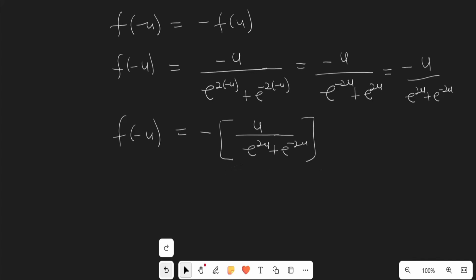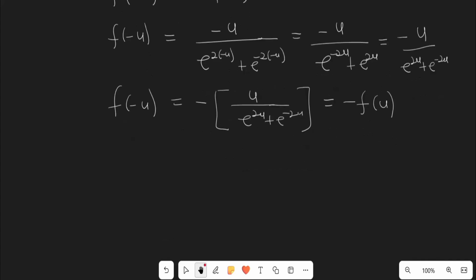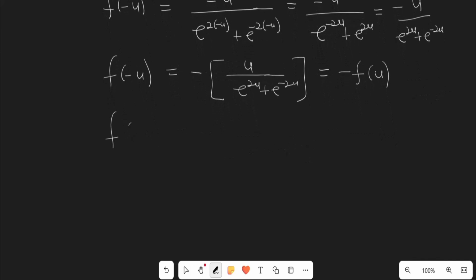That one is f of u. So f of negative u is equal to negative f of u. So our function f of u is an odd function. That is how we establish whether a function is odd or even.